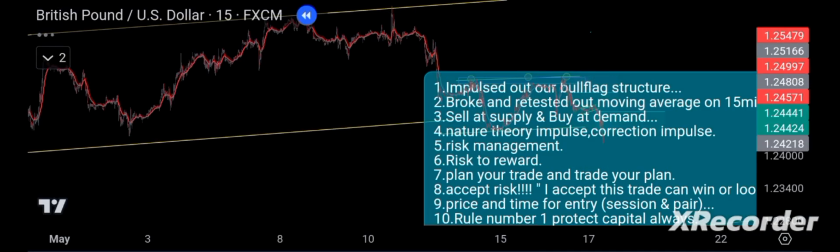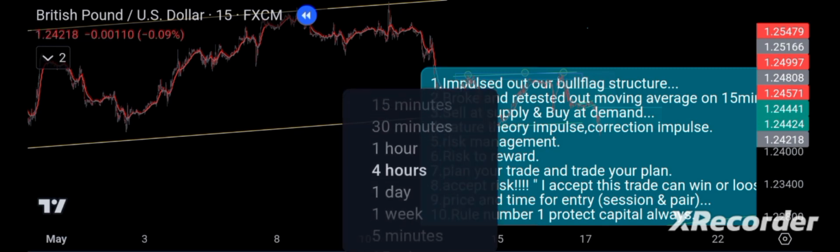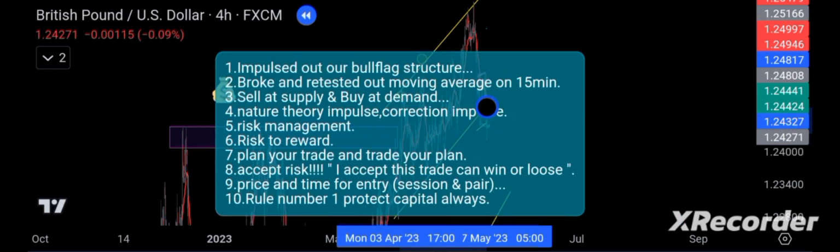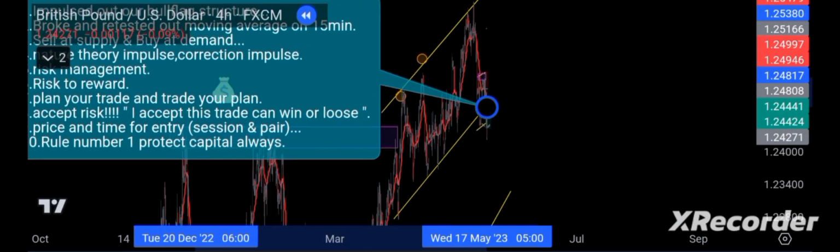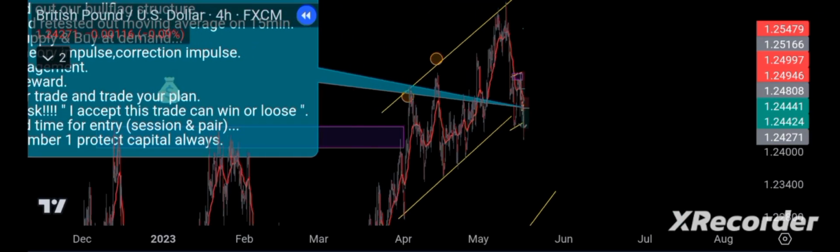Then the next one is accept the risk. This is a very big one because this comes to psychology, and you're going to have to learn this after you're done learning all the forex patterns, strategies, concepts, terminologies, all that good stuff. Then you're going to get to the big part, psychology.